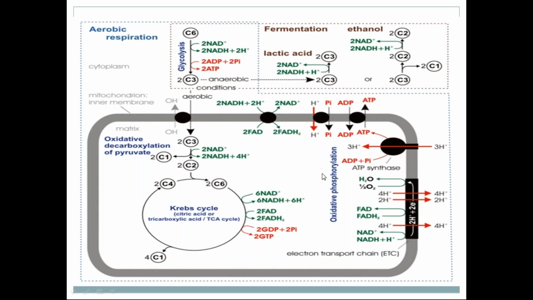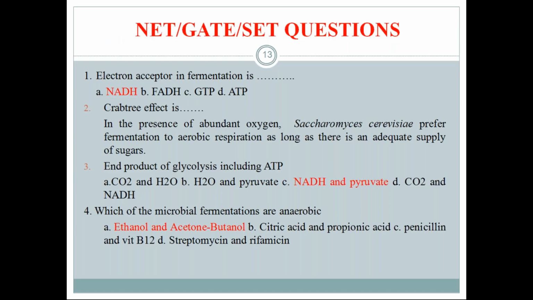So this simple pathway that we know already occurs in the respiration, and from this pathway we may get many ATPs, and we are using these ATPs as energy for our daily use. What are the questions? Now, electron acceptor in fermentation is NADH, FADH, GTP, and ATP.